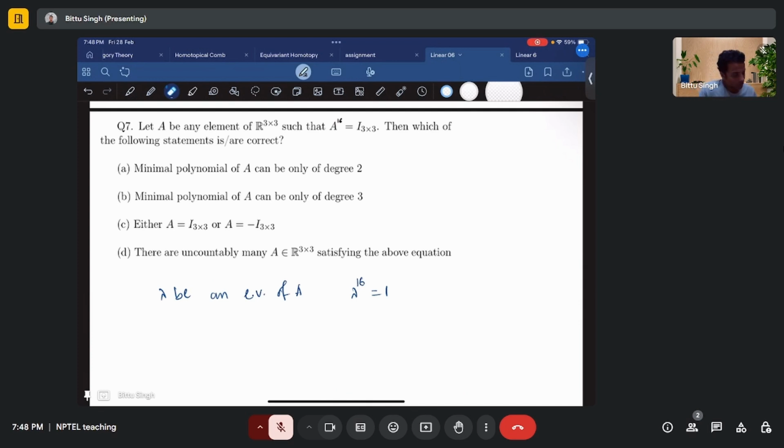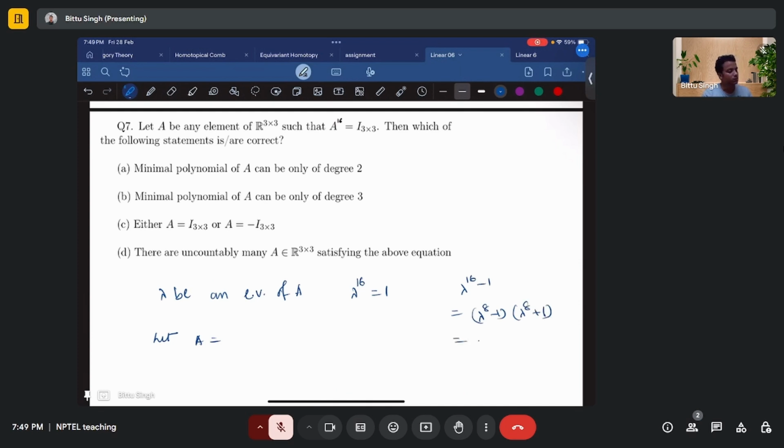So let me write an example which will produce the counter example. So let A equal this thing. From here it is clear that lambda to the power 16 minus 1. If we factorize this, it will be lambda to the power 8 minus 1 times lambda to the power 8 plus 1.